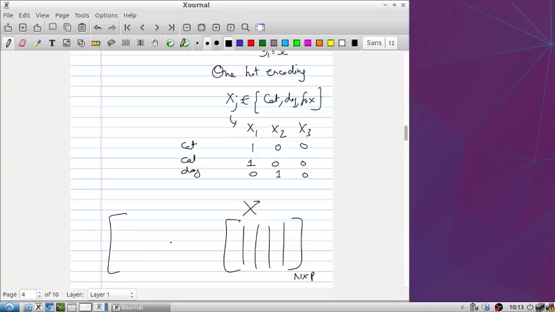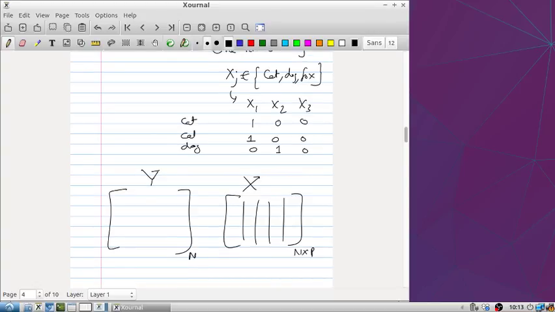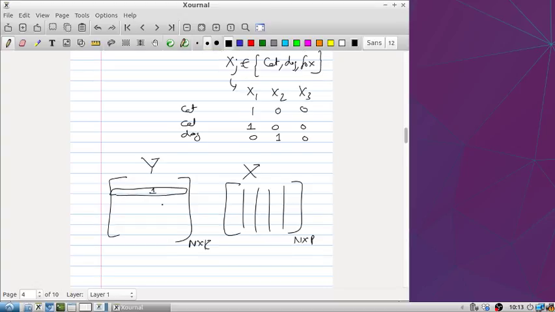On the output side, you had g's originally, but now I made them into k-dimensional vectors. So I'll have a Y matrix now, which is n times k dimensional. Each row here would have one entry equal to 1 and all other entries equal to 0, according to the class, right?